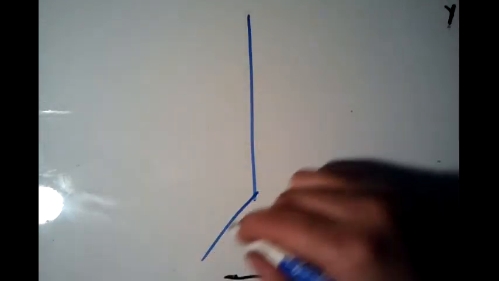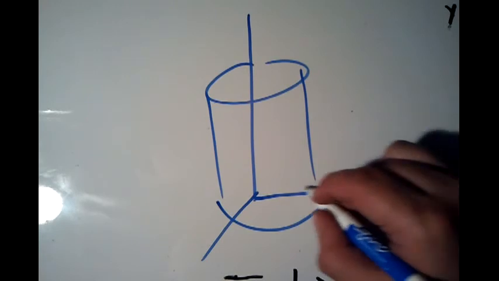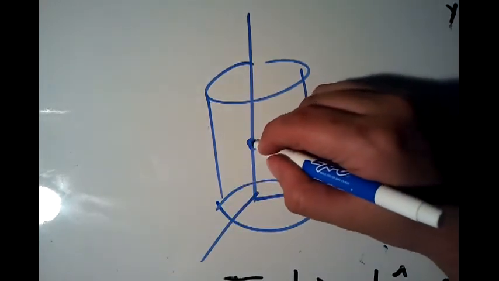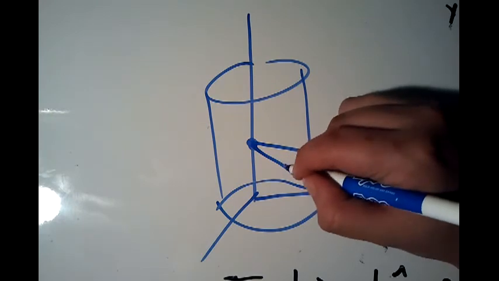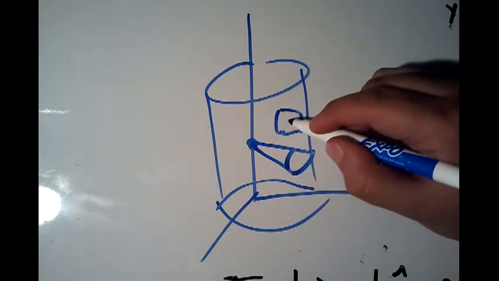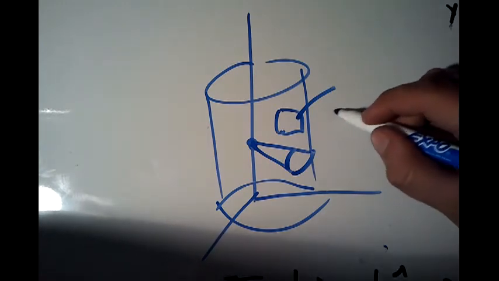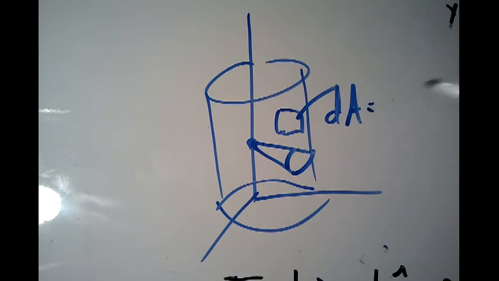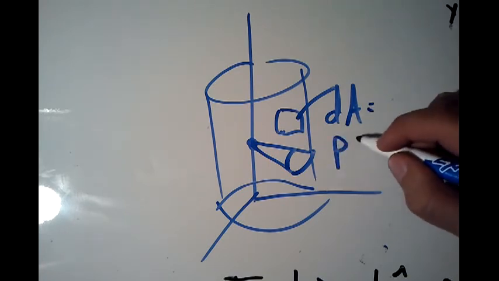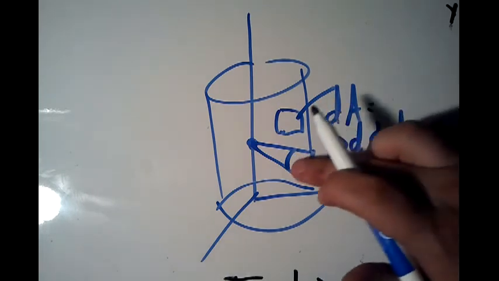So if we actually draw a cylinder here, let's say we have a very small little patch of surface area that's just on the surface of the cylinder. Then that patch is given by dA, the infinitesimal area component, equal to rho times d phi times dz. And we can see this like this.